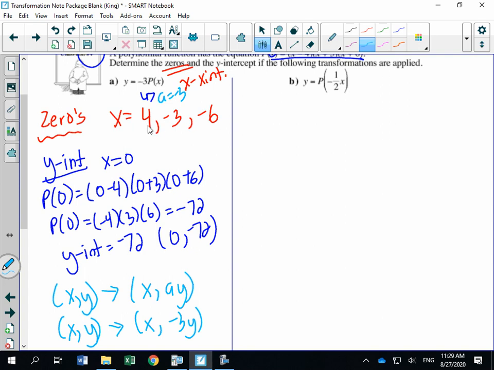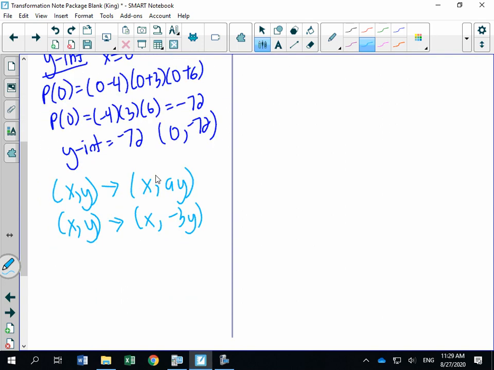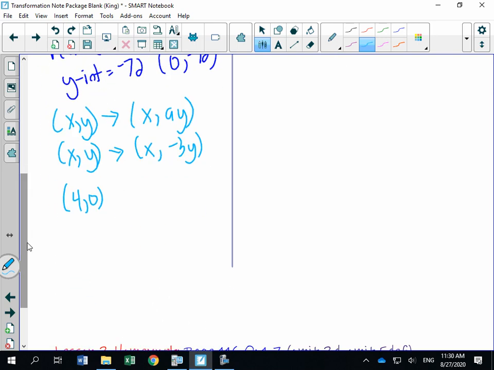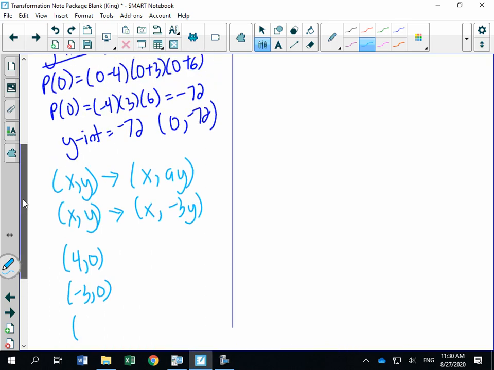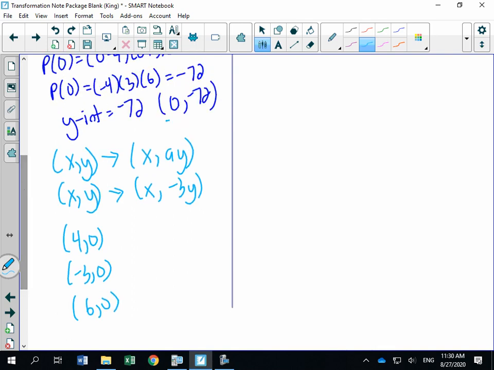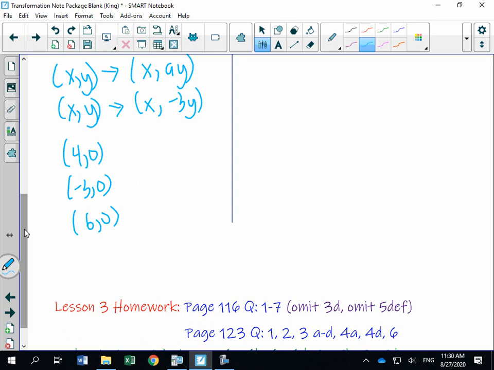If my x-intercept is 4, that ordered pair would be 4, 0, right? My next intercept is -3, 0. My last x-intercept, 6, 0. And my y-intercept, the last point I want to check, is this one right here, which is 0, -72.